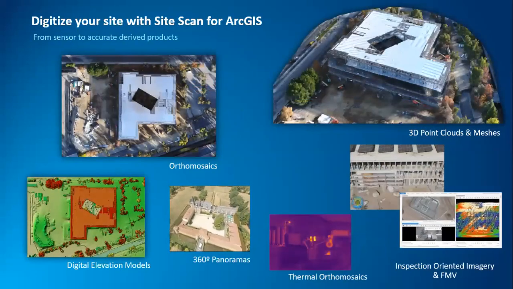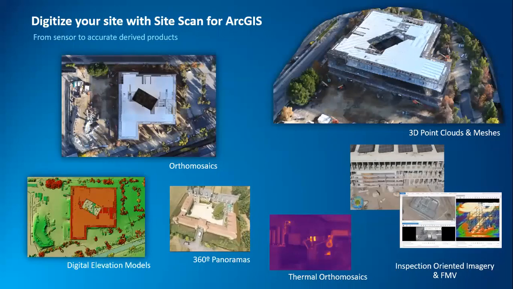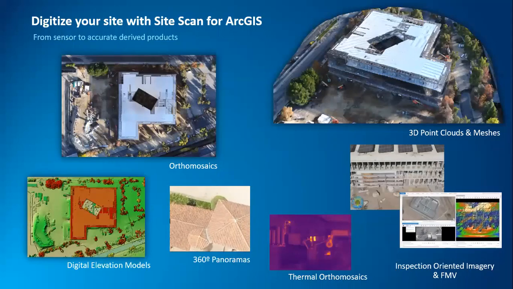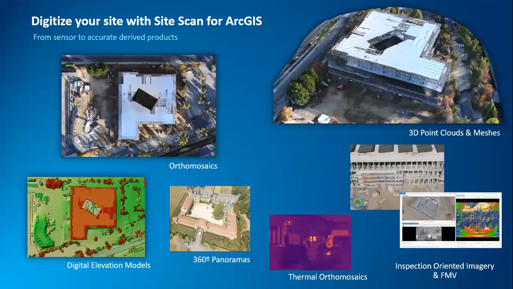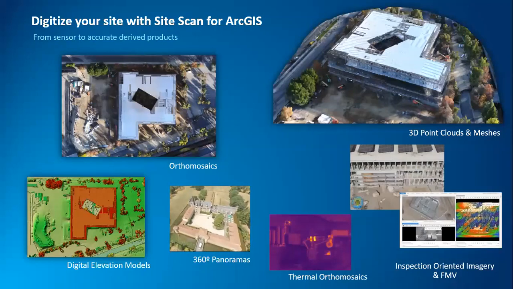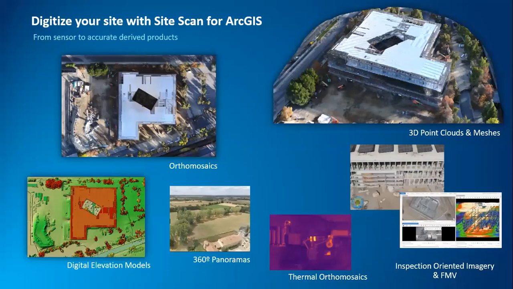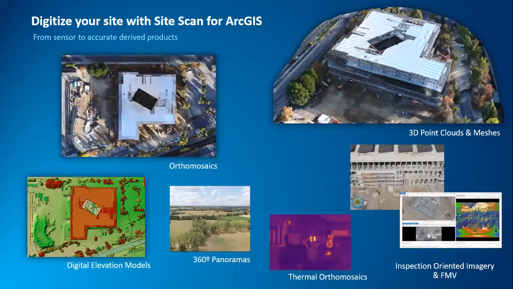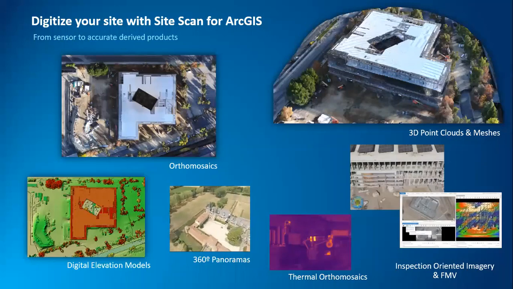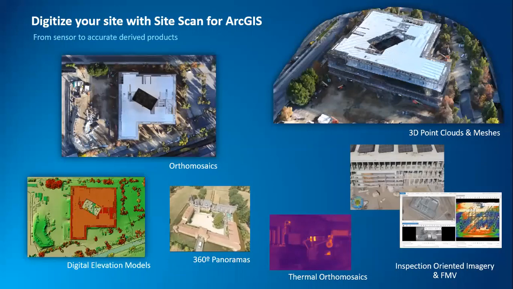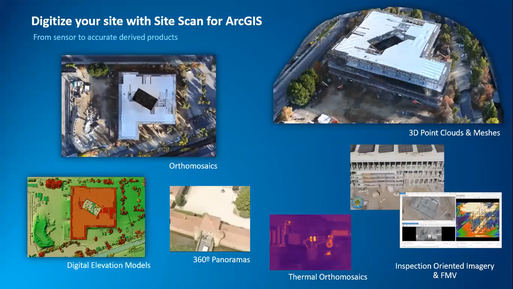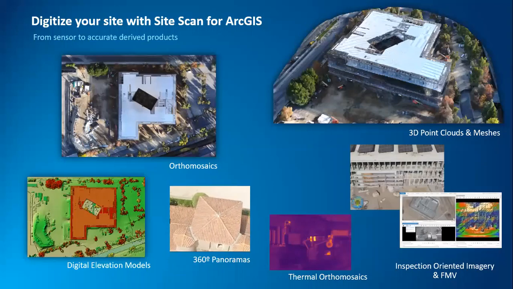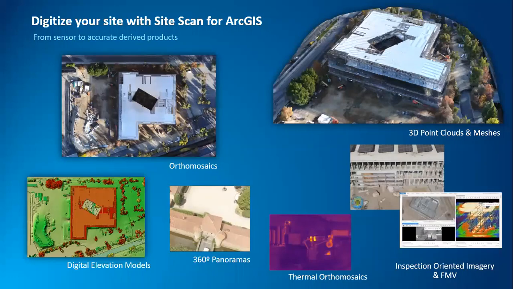For SiteScan for ArcGIS, we have different types of data results that can be derived from your images. The first one is the orthomosaic, an auto-rectified imagery, from which, depending on the type of sensor you are using, you can derive 2D features.